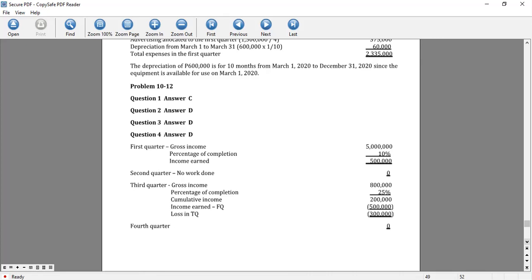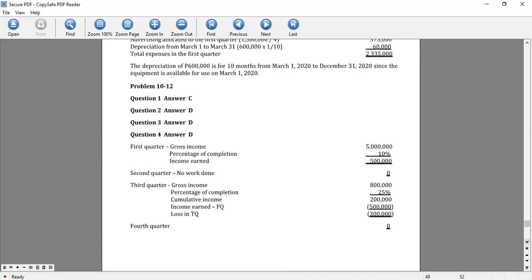construct a factory building. The entity accounted for this contract under the percentage of completion at the end of each quarter. Now we have the quarters 1 to 4, and we have the percentages of completion for quarter end of quarters 1 up to 4. And you are given the estimated cost.